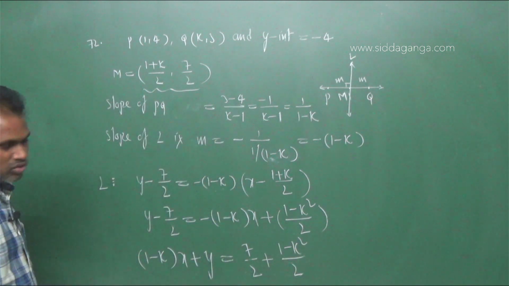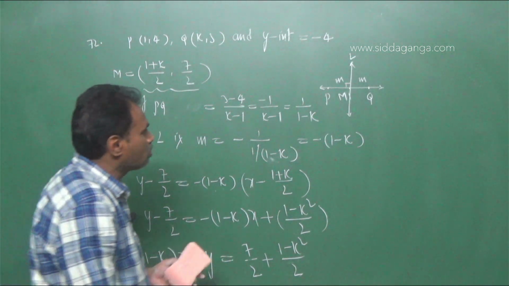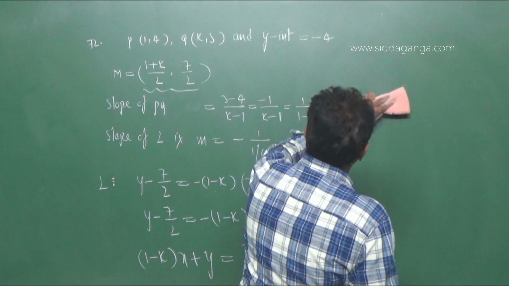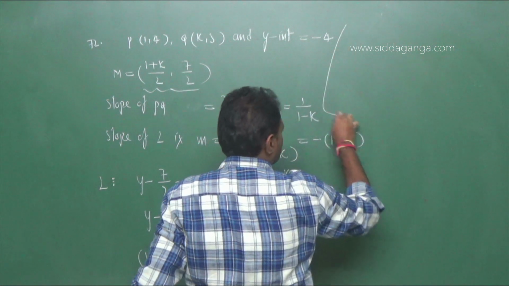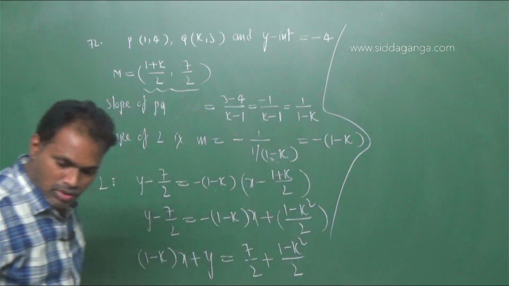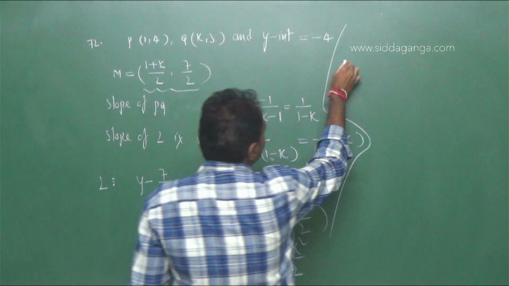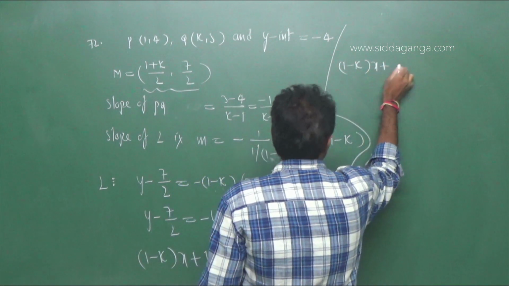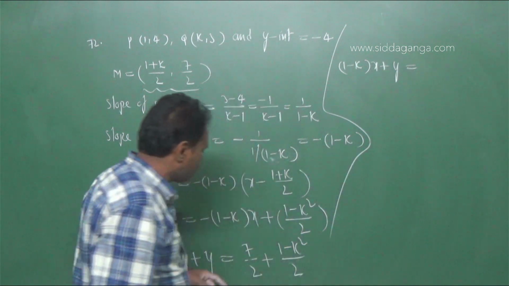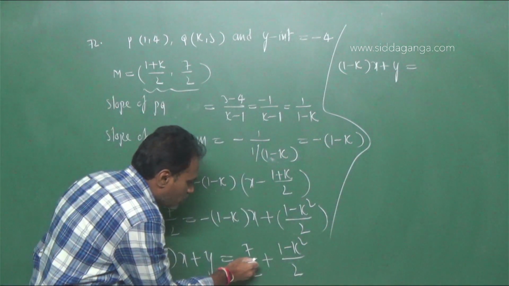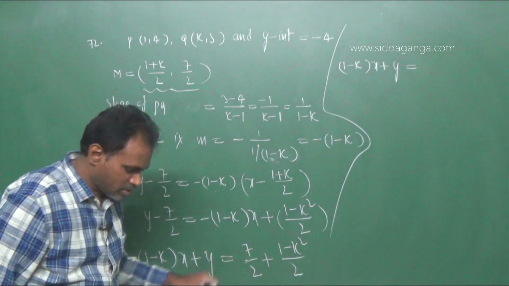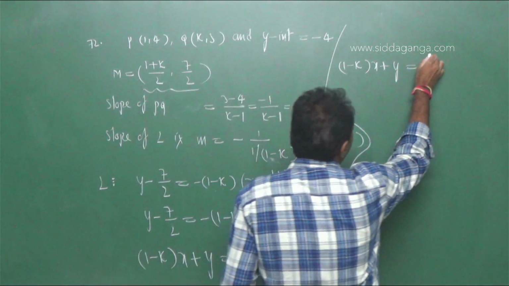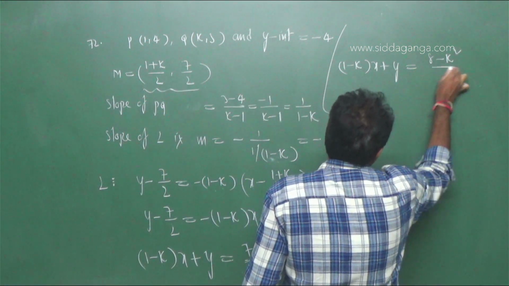Now simplifying, 2 is the LCM, therefore 1 plus 7, that is (8 minus k square) by 2.